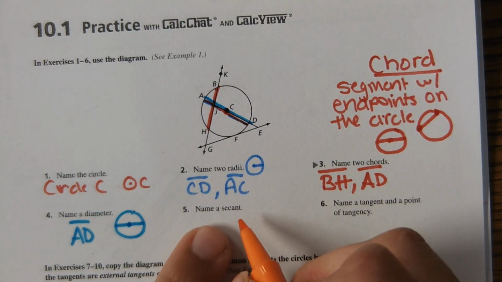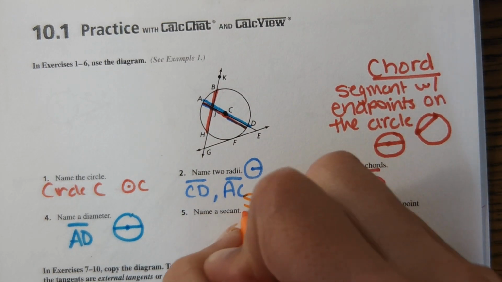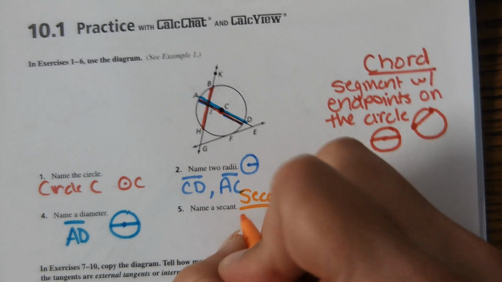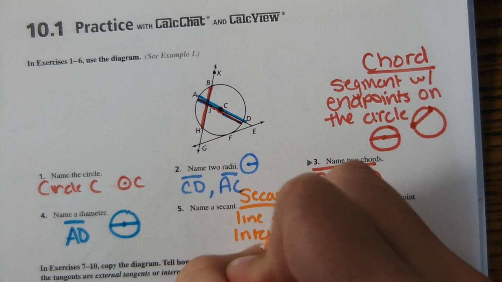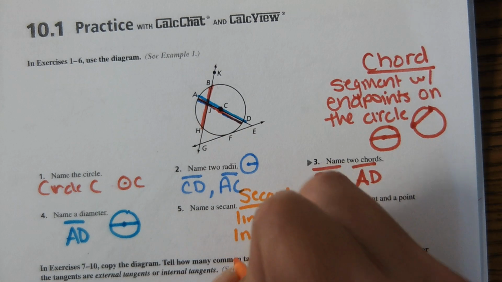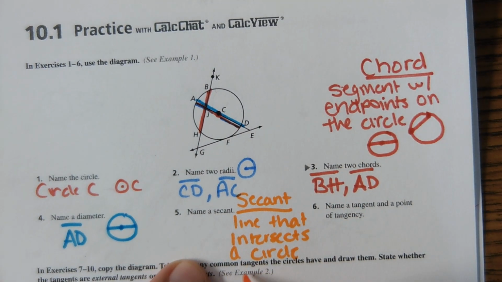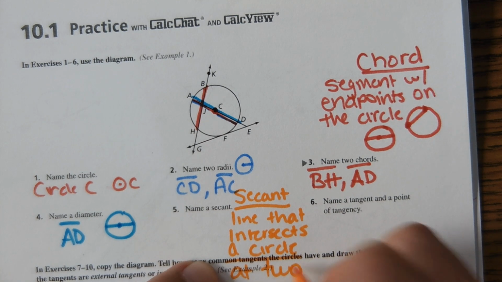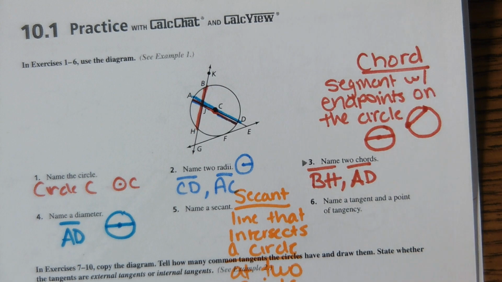Then it says name a secant. Well, what is a secant? A secant is a line that intersects the circle at 2 points. A line that intersects a circle at 2 points.